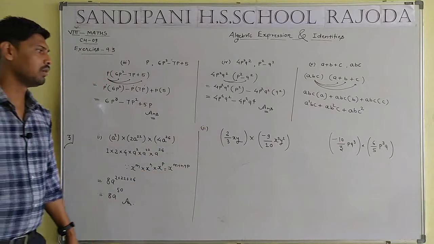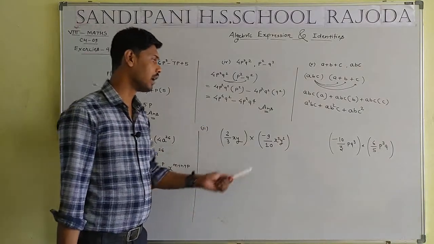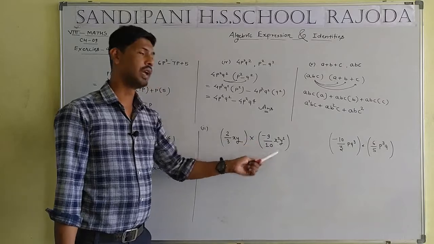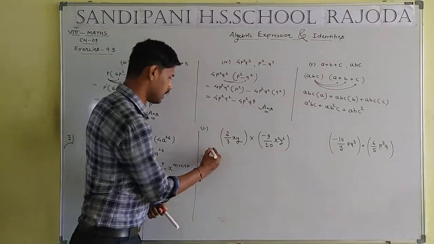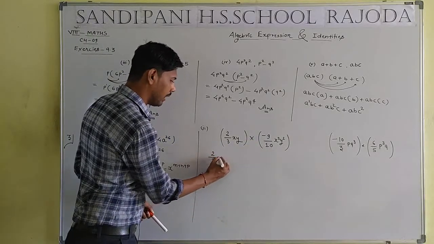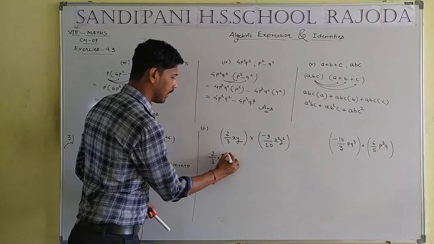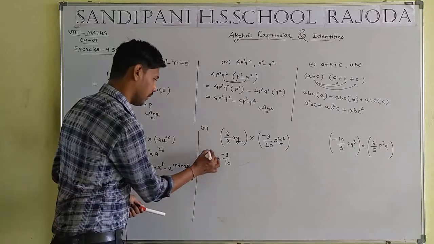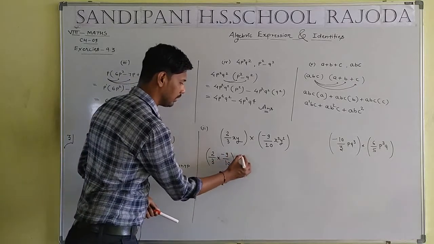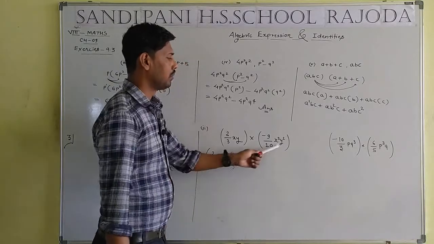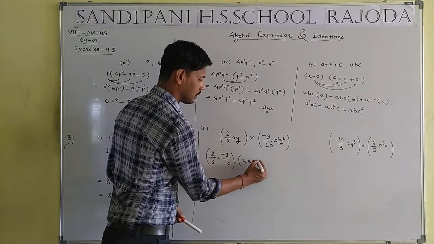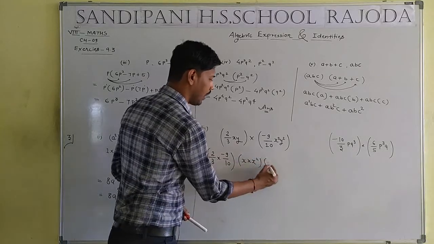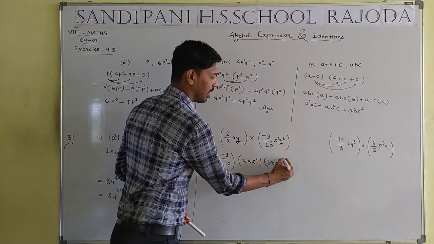We have to multiply between the 2 by 3 xy and minus 9 by 10 x square y. In the case number 2 by 3 multiply with the 9 by 10, number will be multiplied by number. Okay student, then first variable, that means x will be multiplied by x, and finally y will be multiplied by the y.